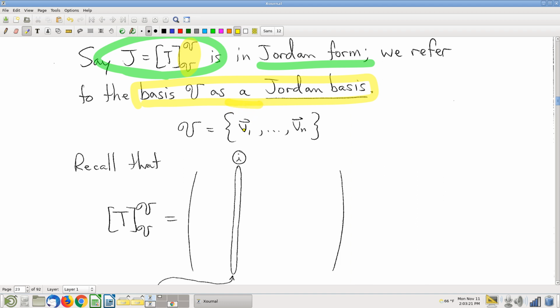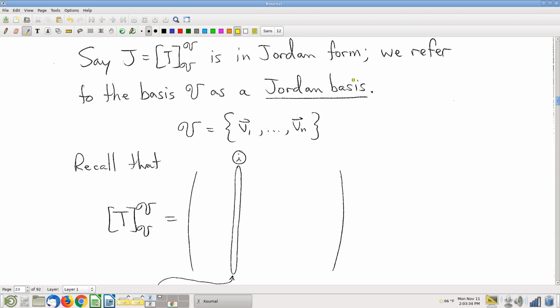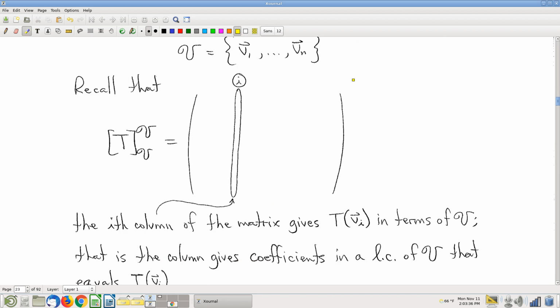So let's itemize. Here are those vectors, the basis that goes into Jordanizing a linear transformation. Let's say those vectors are v1 through vn. Remembering that, again, the columns tell you about the images of the basis vectors.